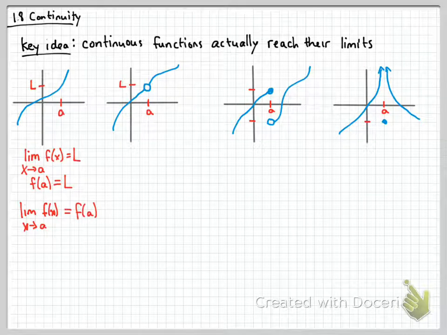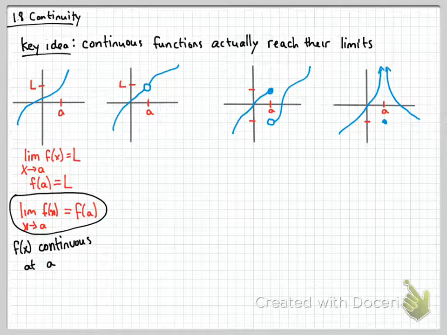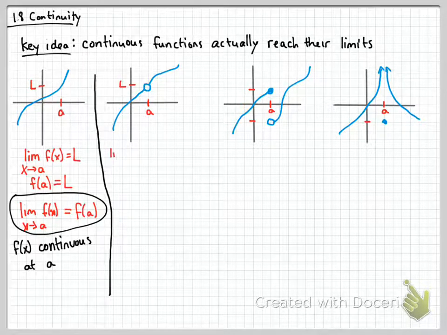That means the limit as x approaches a is equal to the value at a. And that means the function is continuous. It's headed towards L and it actually gets there. It's continuous at x equals a. In the next example, again we have the limit is L, right?